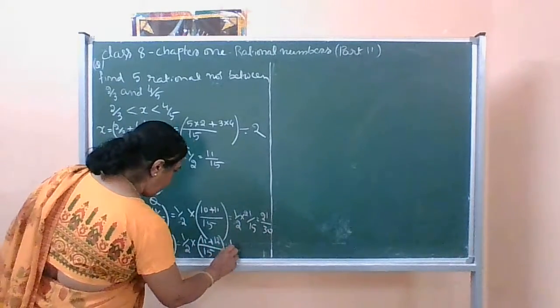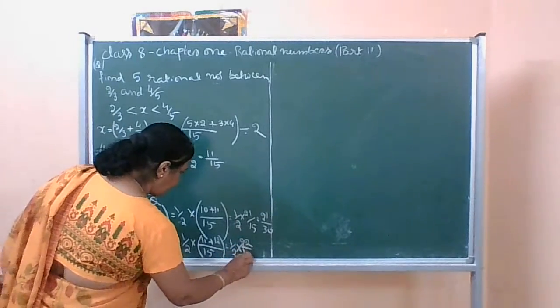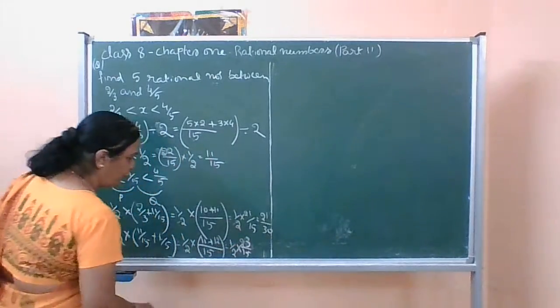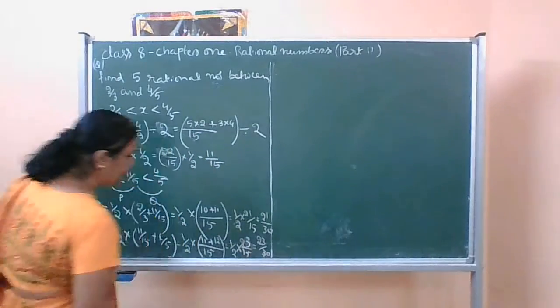That is half into 22 by 15, half into 23. It is 23 by 15. It is 23 by 30.